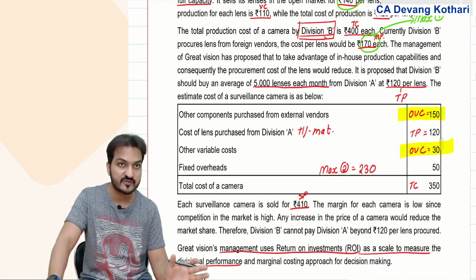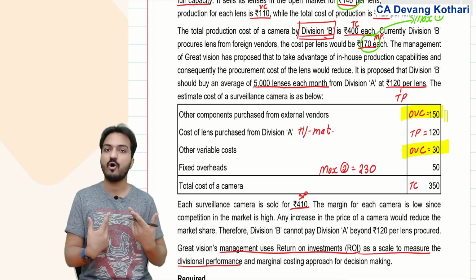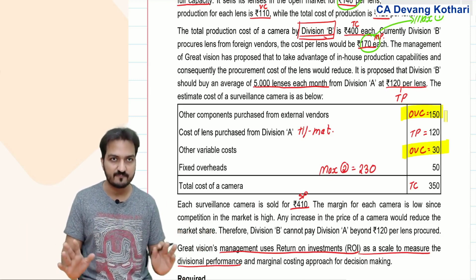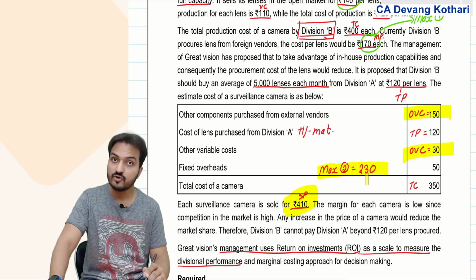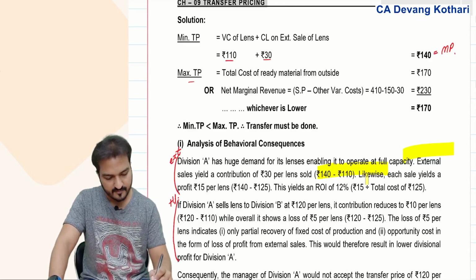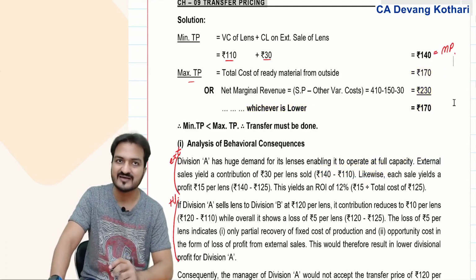Don't consider the fixed cost, because fixed cost will be a common cost of the company, not relevant. So 410 minus 150 and 30 gives you 230. Between 230 and 170, whichever is lower, 170 is your maximum TP.